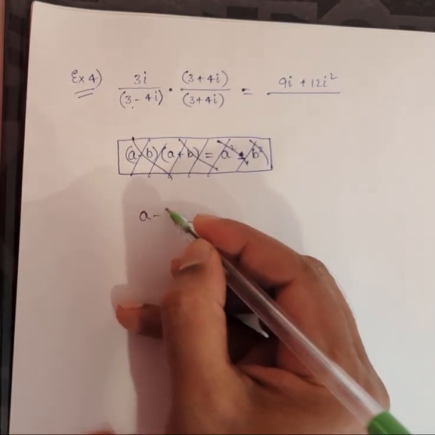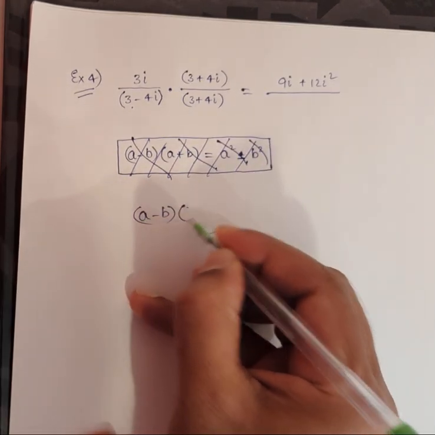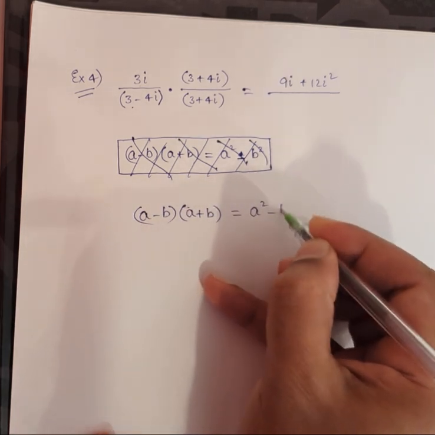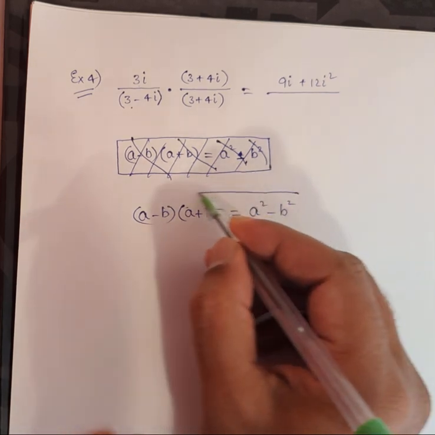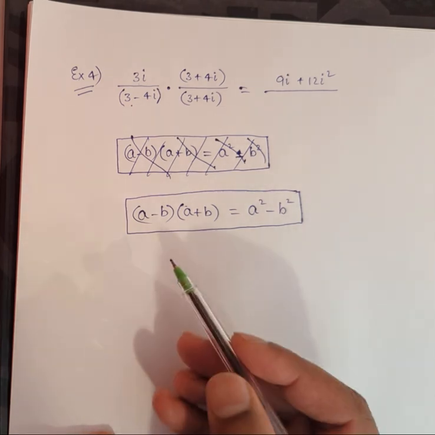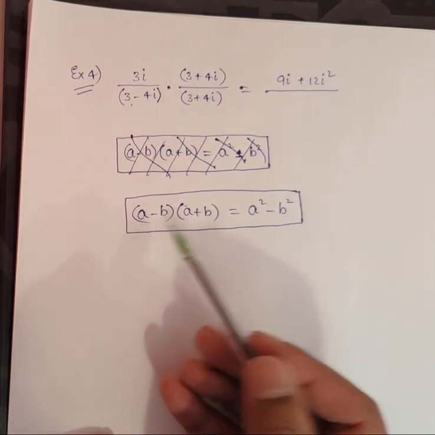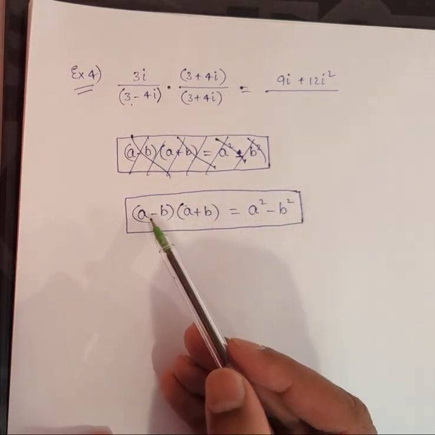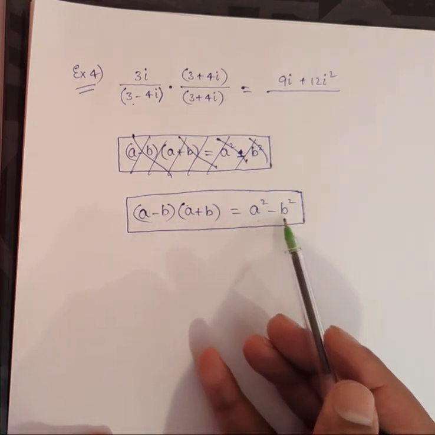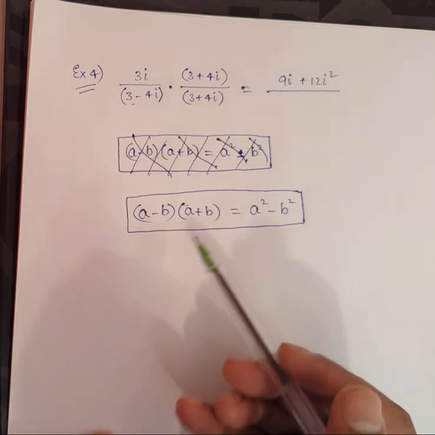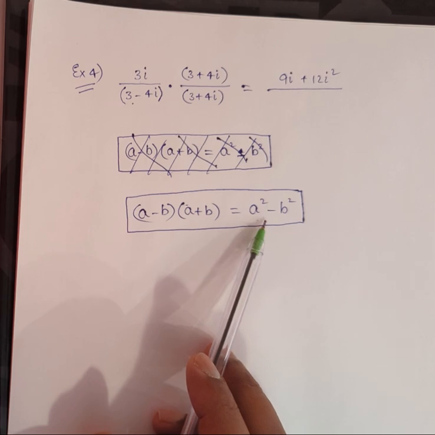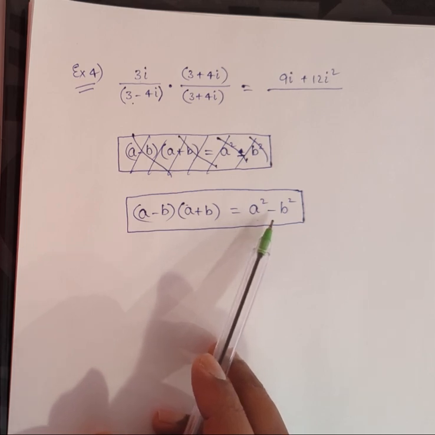It's a minus b times a plus b equals a square minus b square. So when you multiply these two binomials, when you FOIL them, you get 4 terms, but the middle 2 terms cancel each other out, and you would be left with just that. Now, try to remember this. It's a great tool. It makes things really fast for you.